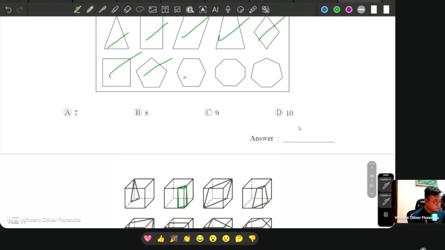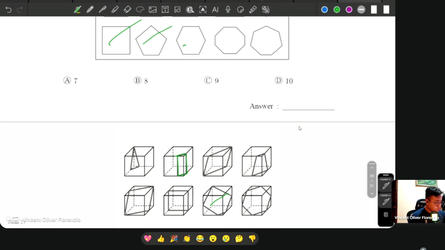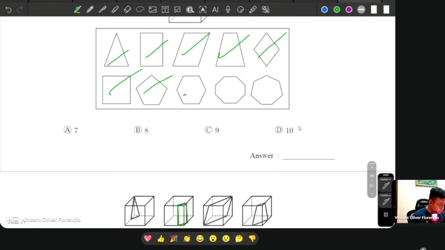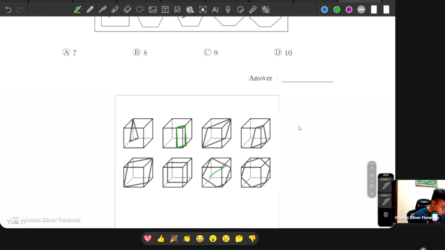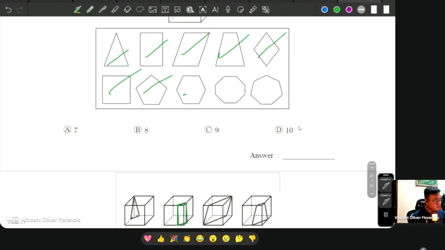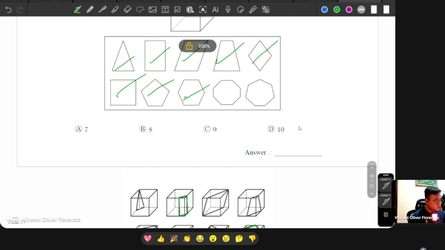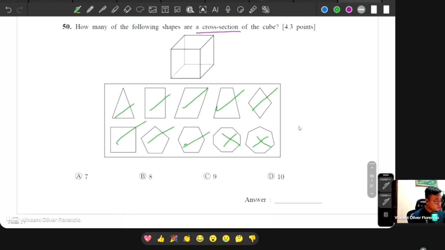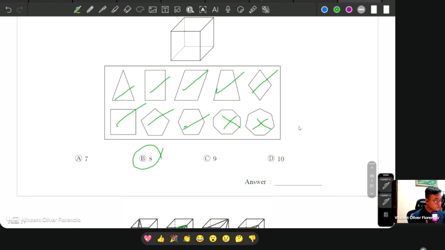Then this one. What's this? 1, 2, 3, 4, 5, 6. The hexagon. Except for these two only, because they have too many sides. Sorry, I got confused a while ago. That's going to be a total of how many? That's going to be 8. So the answer here is letter B.